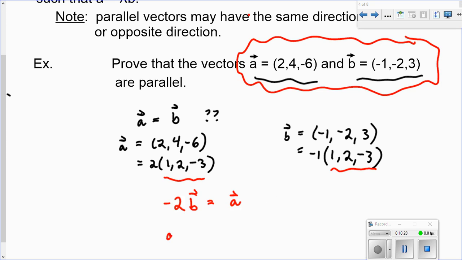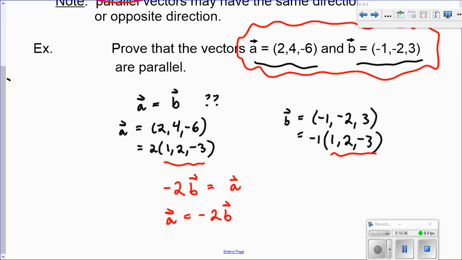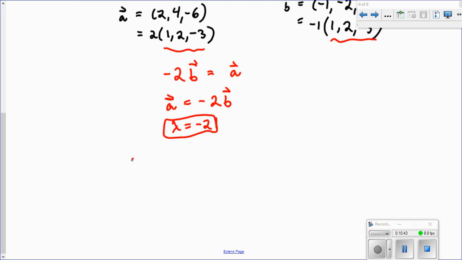Now, written a different way, more like my definition here, there's my scalar. So in theory, the point was A and B are parallel.